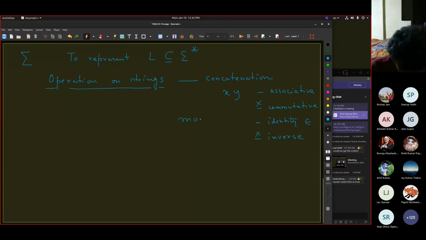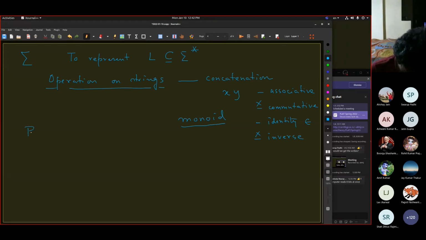It is not a group, just a monoid. Concatenation is an associative binary operation with an identity, and sigma star is a monoid under this operation. Anyway, don't need to worry too much about this.